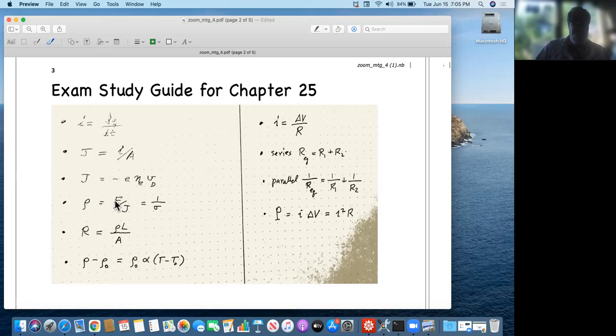So the resistivity is defined as the electric field divided by the current density. That's a property of the metal. So each metal has a different value for resistivity.